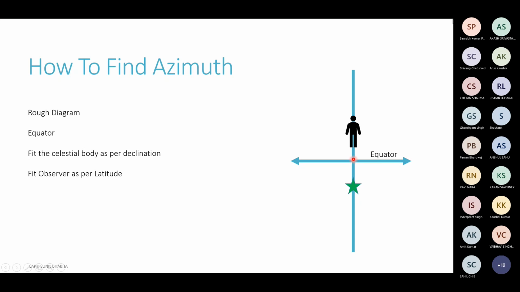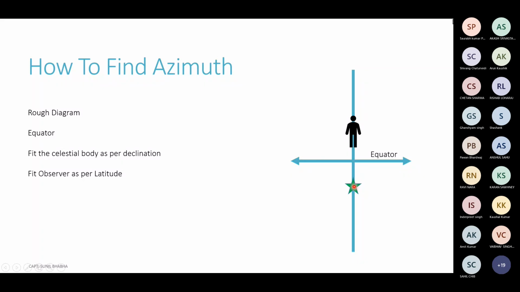From the equator, we go approximately 30 degrees north and we fit the observer here. This is just a rough diagram, not to scale, just to understand in which direction the body will be when it is crossing our meridian. So the observer is put in this diagram basis his latitude.